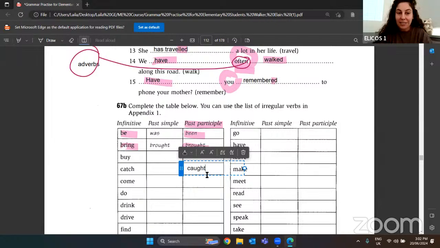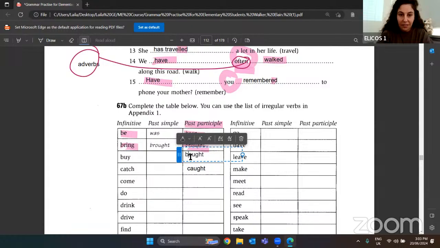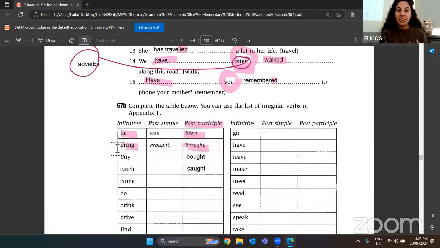Have you caught the ball, or have you caught a cold? We use that when we talk about if you're sick. Have you caught the flu? How do you spell bought? Brought? To bring is when you bring something for someone, but to buy is when you go to the market and purchase something.